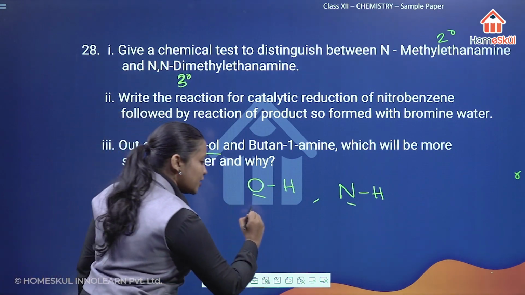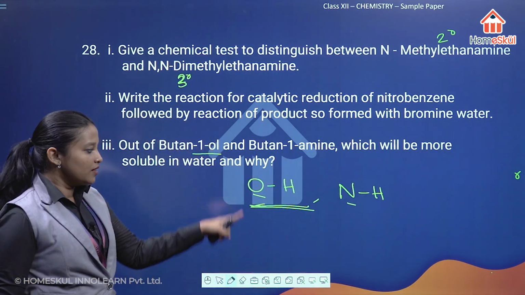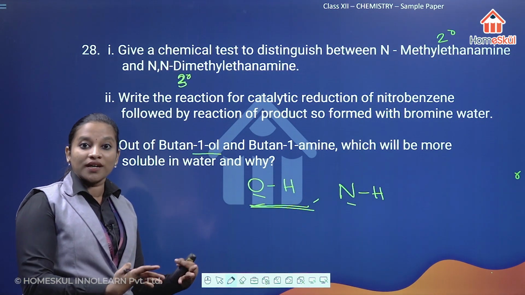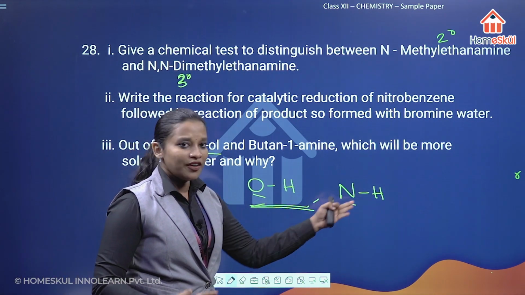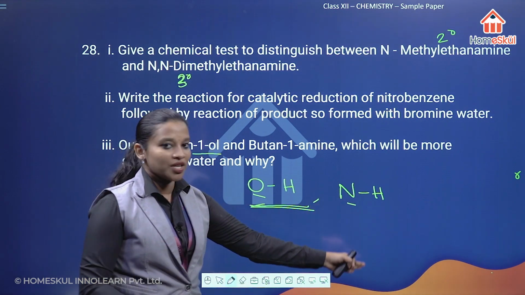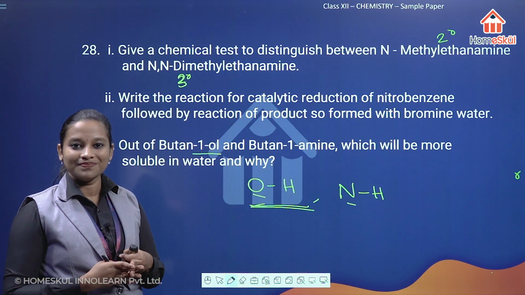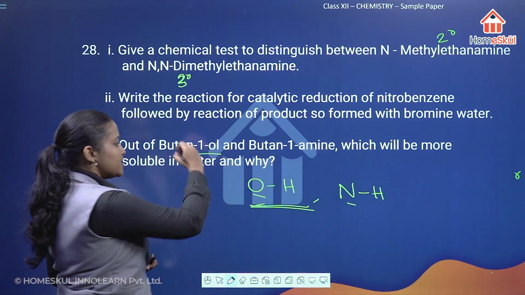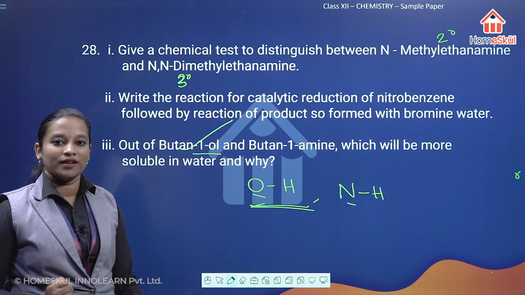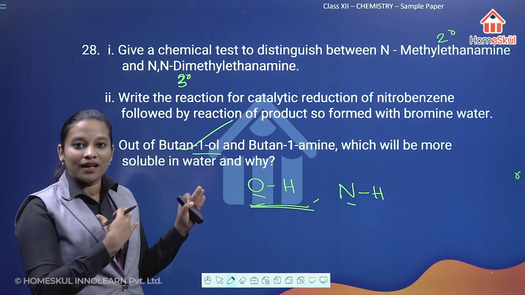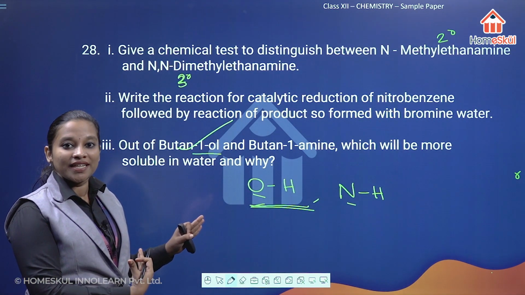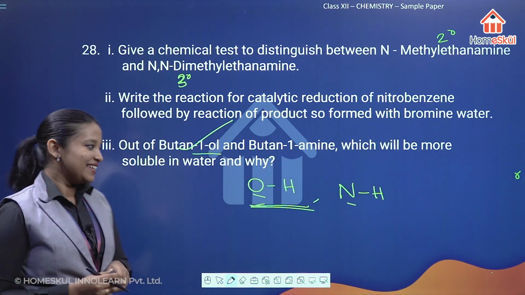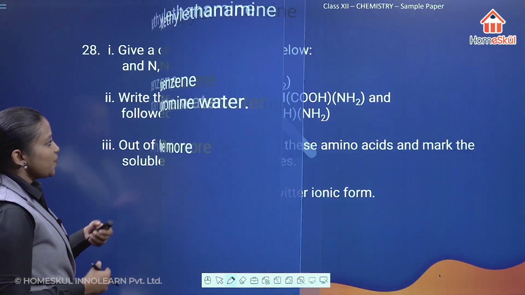So the hydrogen bond formed between oxygen and hydrogen of water will be stronger in comparison with the hydrogen bond formed by nitrogen and hydrogen of water. That is why butan-1-ol is more soluble in water. It is mainly because of the polarity, electronegativity and thereby the strength of the hydrogen bond. Moving on to the next question.